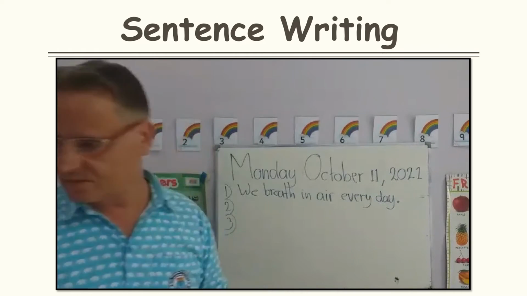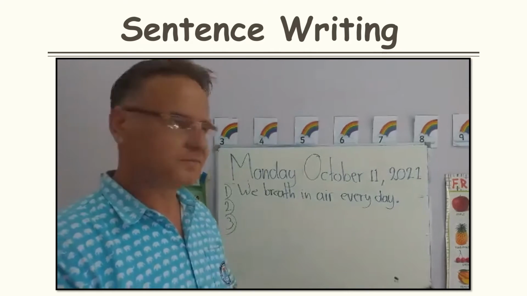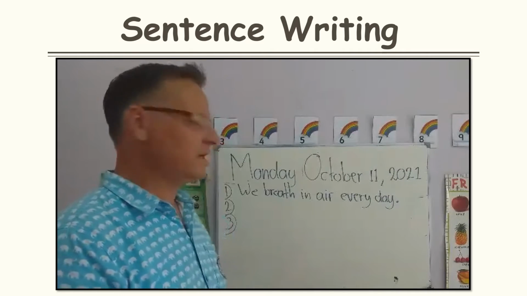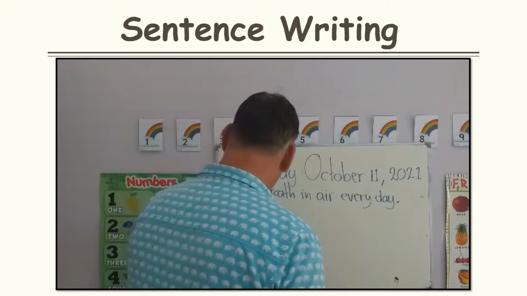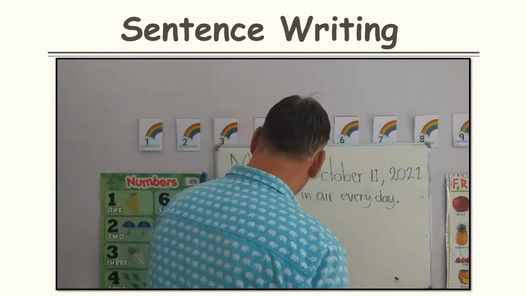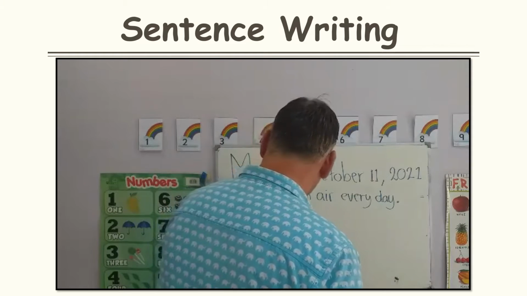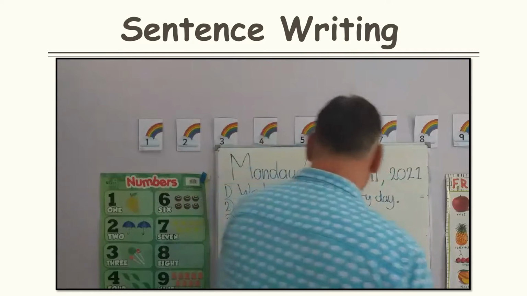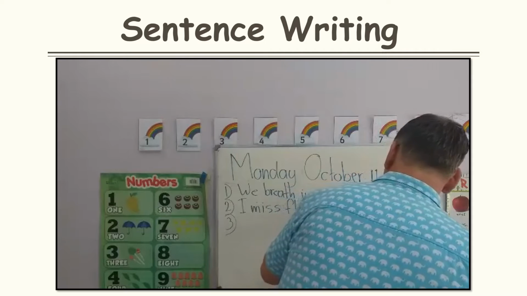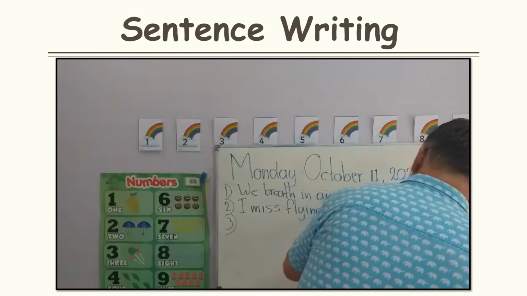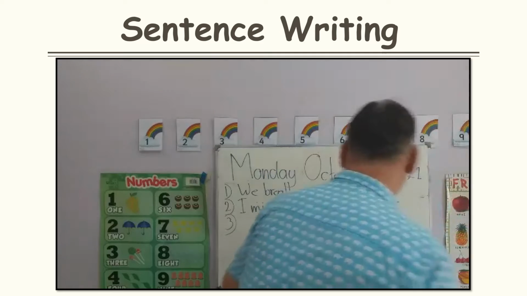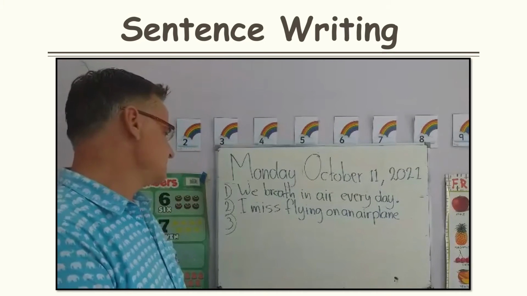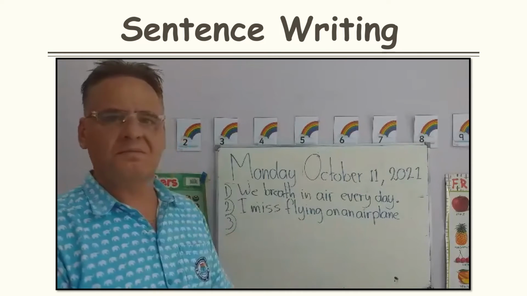So number 2. The next word is airplane. I really miss flying on an airplane. So maybe we can write that. I miss flying on an airplane. And the third one we will use is basket.